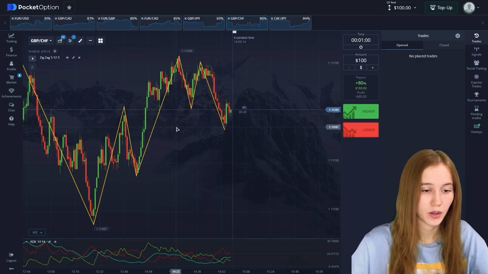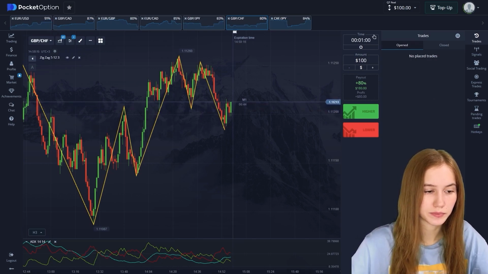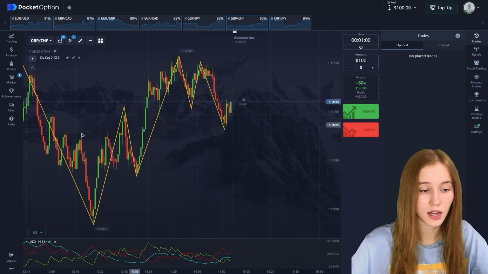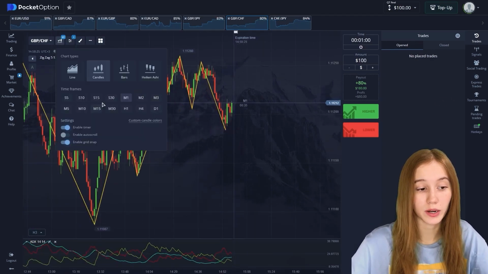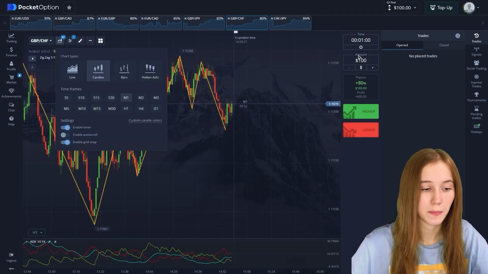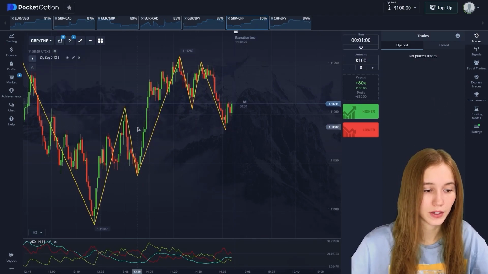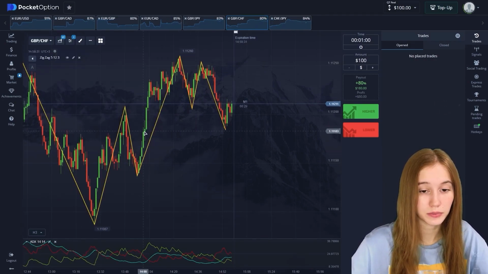So, the deal time is 1 minute, and we enable the minute time frame in the settings here.